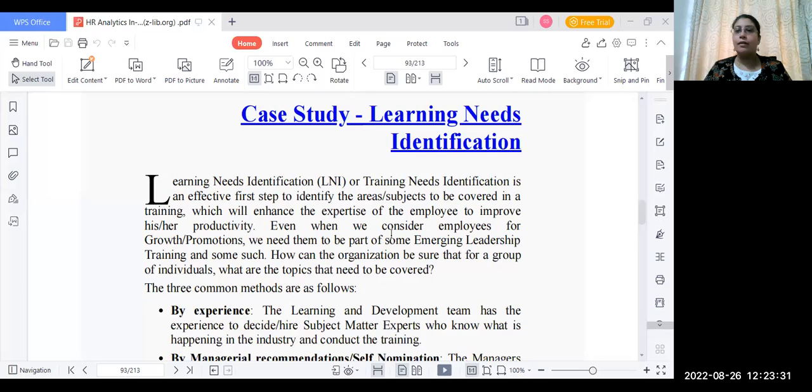When we look at the learning needs identification case study, before that, let me just cover that when we are considering employees for growth and promotion, we need them to be part of some emerging leadership training and some such.